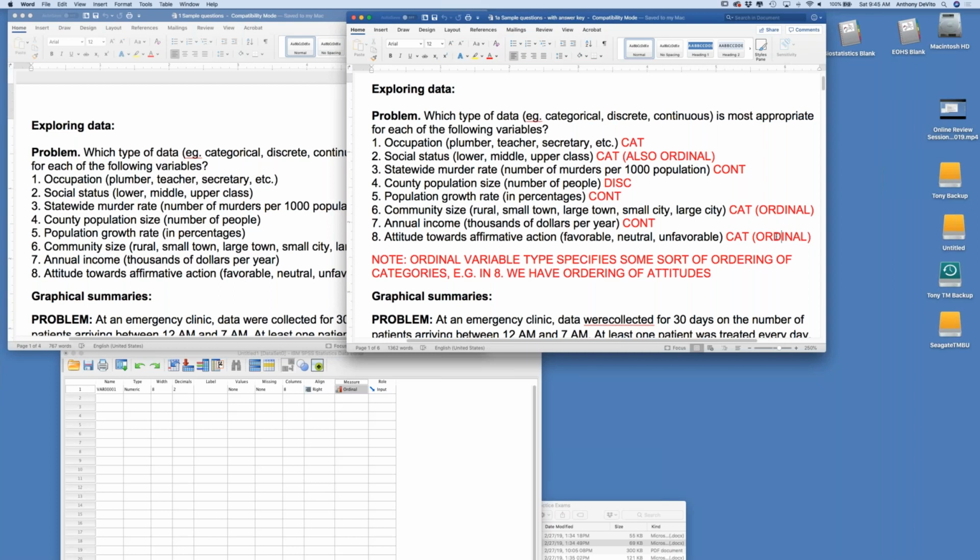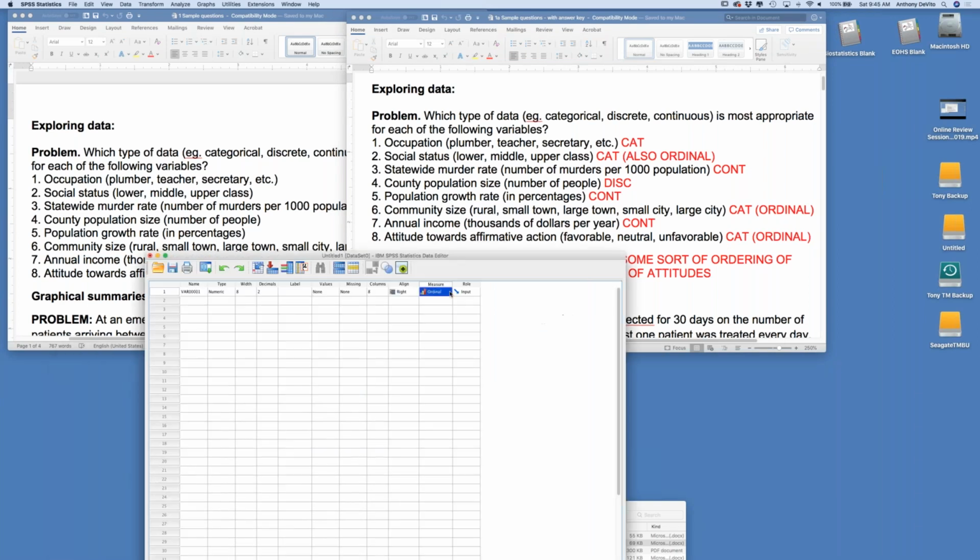Scalar, meaningful numbers regardless of what. Yeah, scalar, as far as SPSS is concerned, anything that's a number scale is going to be called scalar, whether it's discrete or continuous. And nominal is going to be any categories that don't have built-in order, like gender or hair color or something like that.